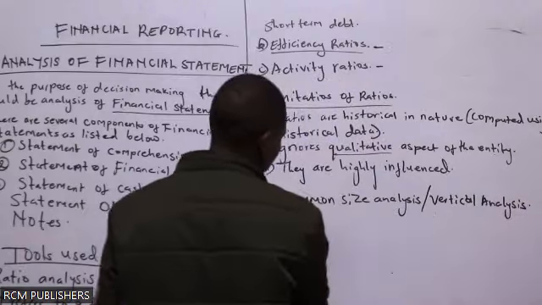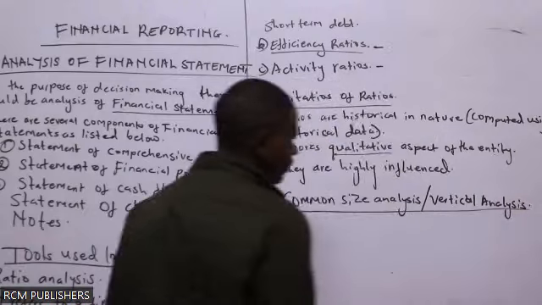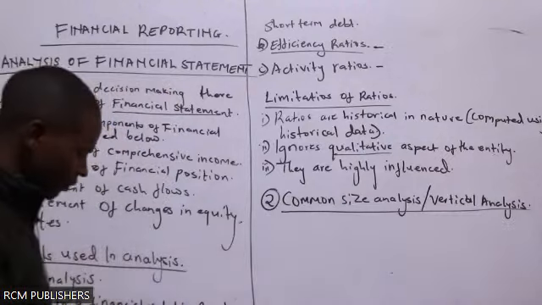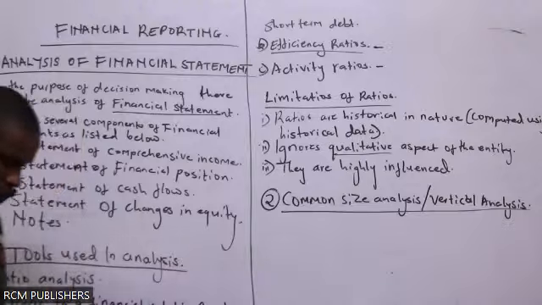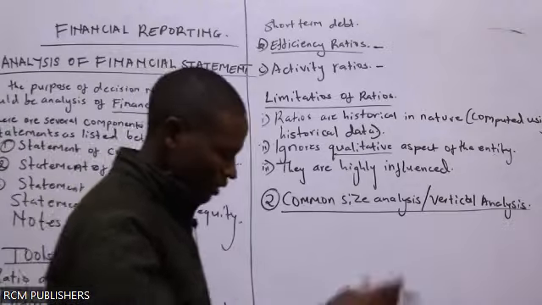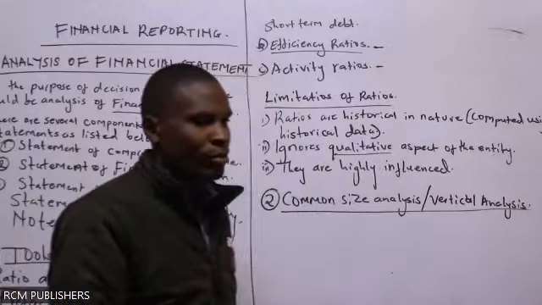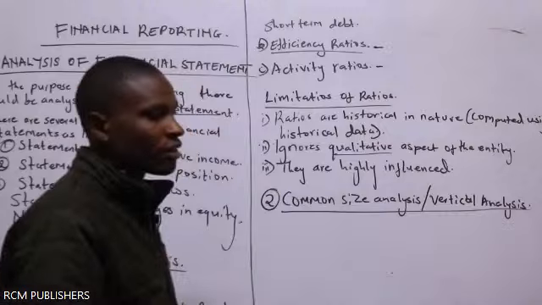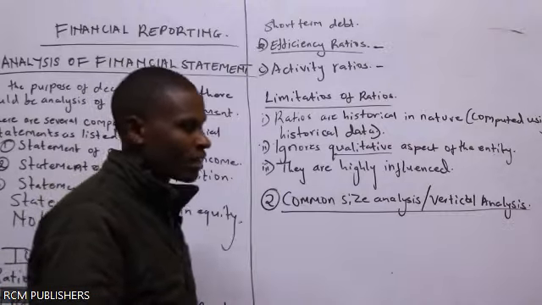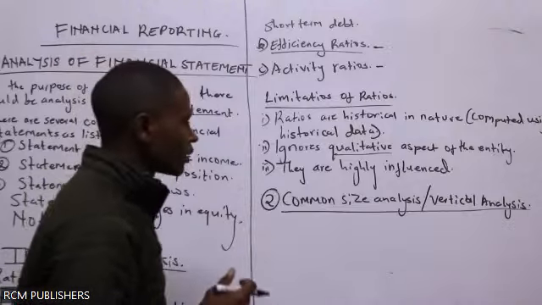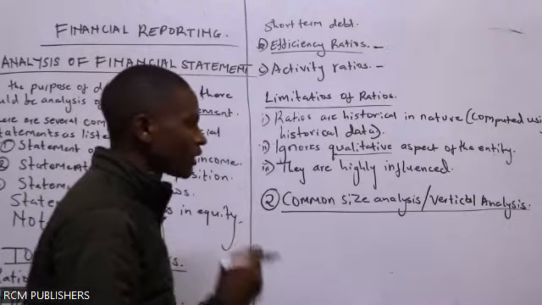So this is a very interesting tool, and the examiner also likes to use this. We are going to look at the income statement in a vertical manner, and the balance sheet in a vertical manner. But there's something I would like you to get from the word go.